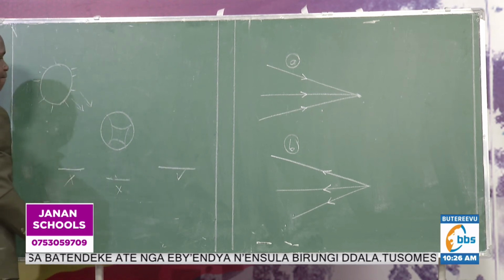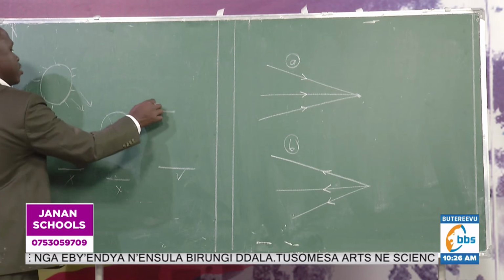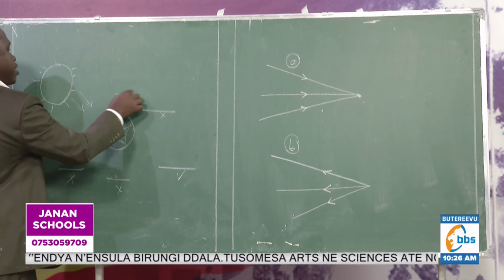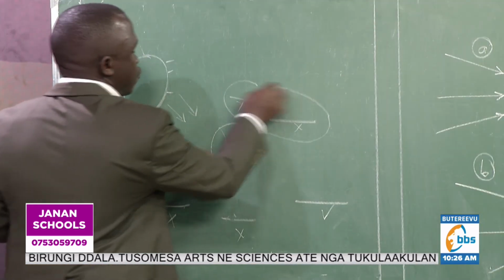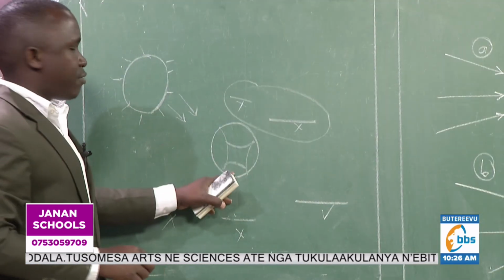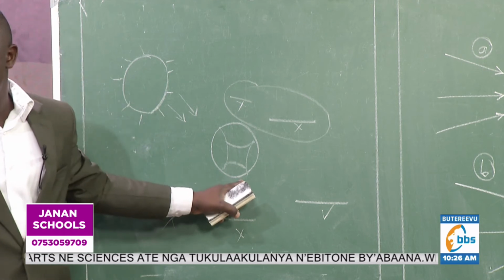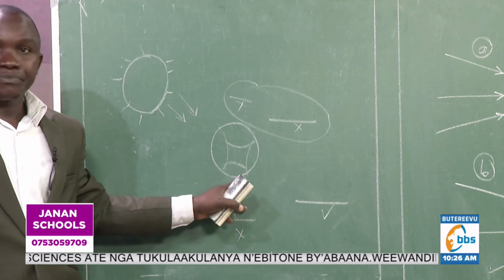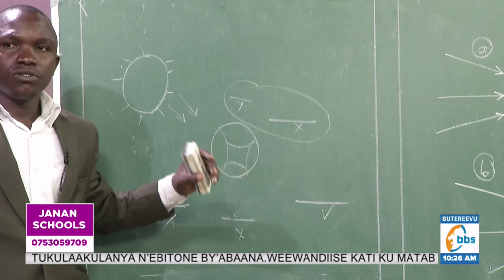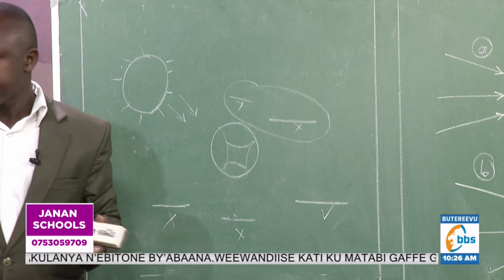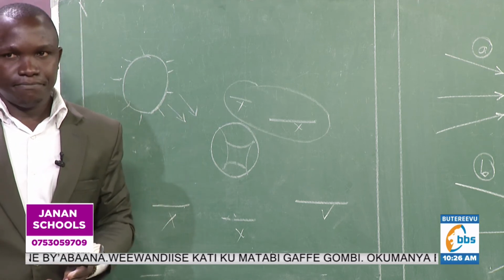Okay. What if you draw it here? Again, this is not correct. If you draw it here, not correct. That is if they ask you to draw the shadow of the ball. Be careful there. I've told you a shadow is formed in the direction opposite to the source of light.